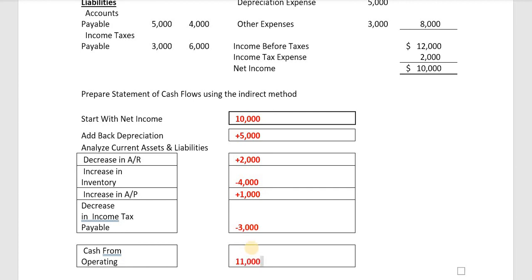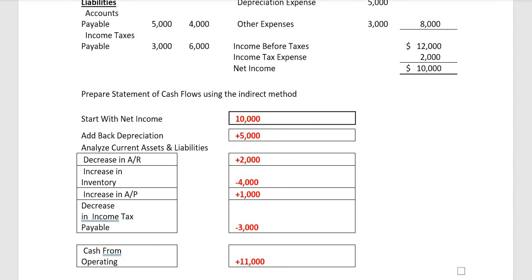Now, a second ago, I said we knew what the cash change for the year was, $5,000. Now, you're probably saying to yourself, wait a minute, 11's not 5. So where was the other 6,000? The other 6,000 will have occurred either in the investing activities or in the financing activities. But cash from operating activities alone was a plus 11,000.